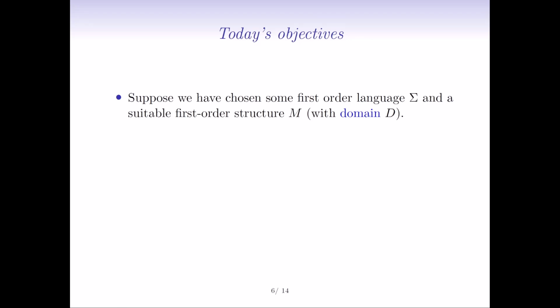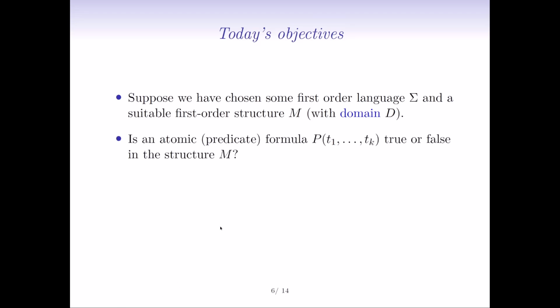And I'm also going to suppose that we've chosen a suitable first order structure for that language, which I'll call M, and suppose that the domain of that structure is D. So we've chosen a meaning for all the function and predicate symbols in the language. Now, can we say whether an atomic formula, or a predicate formula with P applied to some terms t1 up to tk, is true or false relative to that choice of structure?